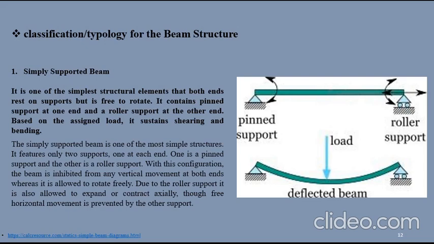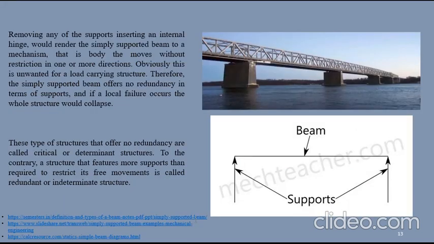A simply supported beam is one of the simplest structural elements, where both ends rest on supports but are free to rotate. It includes a pin support at one end and a roller support at the other end. Based on the applied load, it sustains shearing and bending. And here we can see in this diagram.